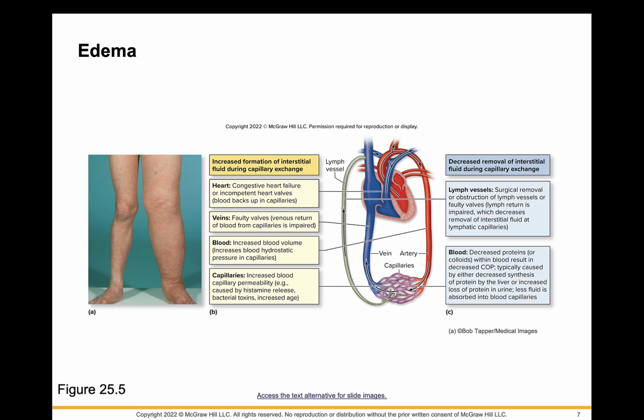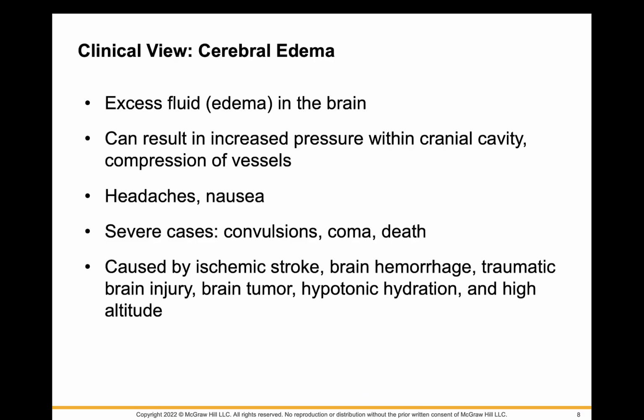into our blood capillaries. Now, we talked about cerebral edema previously, and we need to remember that this is specific to the amount of fluid that is accumulating within the brain. It's important to remember that because the brain is encased within the skull, there really is no way of dissipating that pressure. So this results in a greatly increased pressure within our cranial cavity and is going to result in the compression of the vessels within the brain.